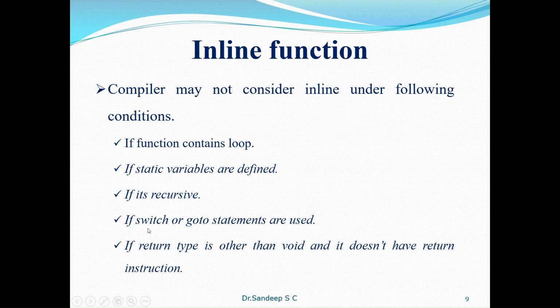If the function has switch or goto statements, then also inline cannot be used. Switch is a control structure which we already have discussed. Goto is used to directly go from one instruction to another instruction. But most programming models try to avoid using the goto instruction.